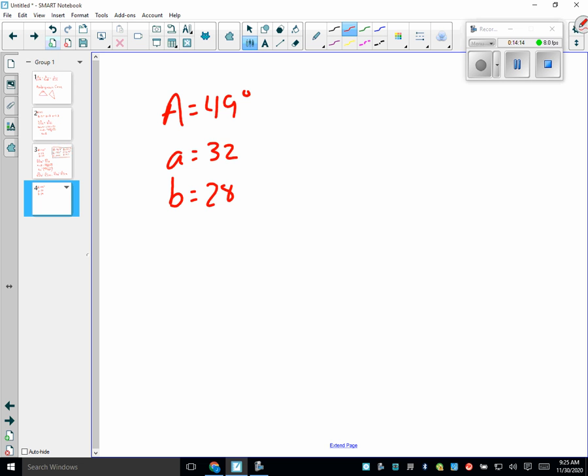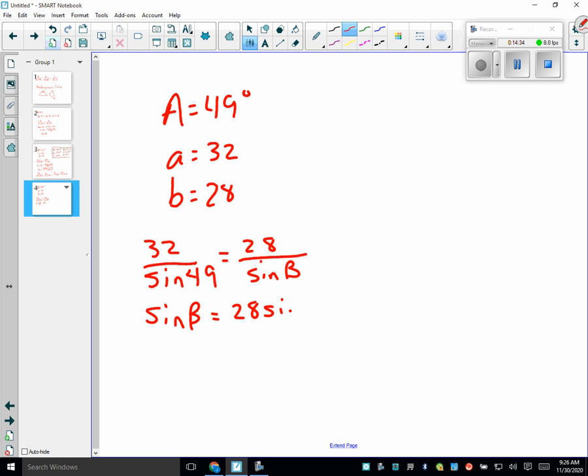Angle B. So 32 over the sine of 49 equals 28 over the sine of B. So sine of B is 28 sine of 49 over 32. Right? Yes. What is B? 41.3 degrees.